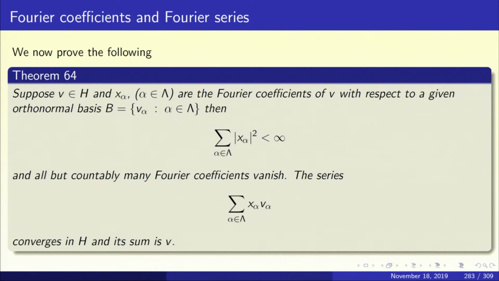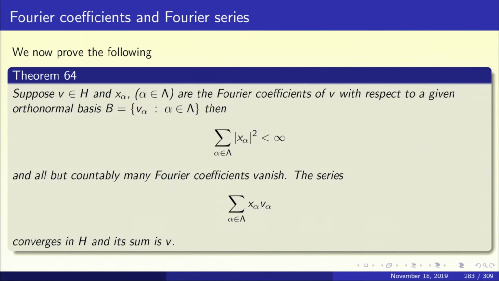By appealing to the lemma, we conclude that x alpha must be 0 for all but countably many indices alpha, which means that the sum sigma x alpha v alpha, alpha belongs to lambda, collapses to a countable sum. Further, this summation actually converges and the sum is V.